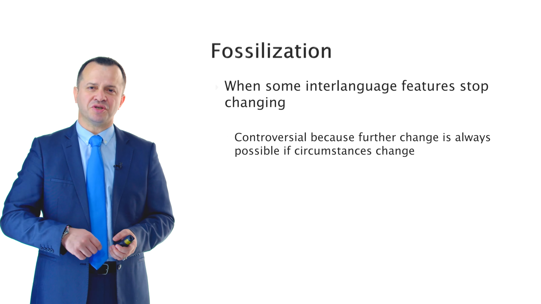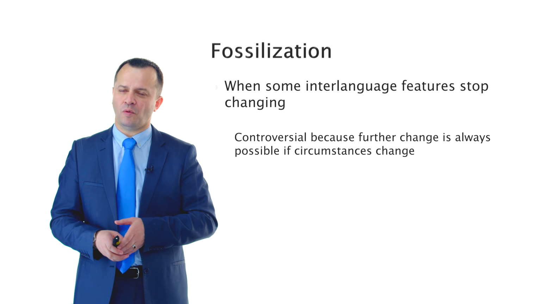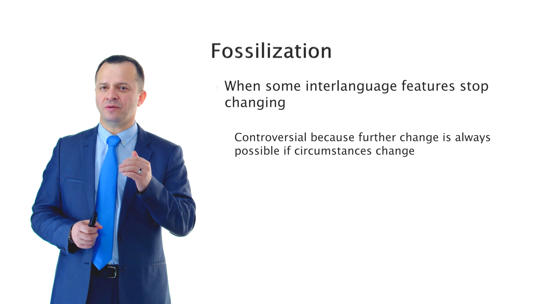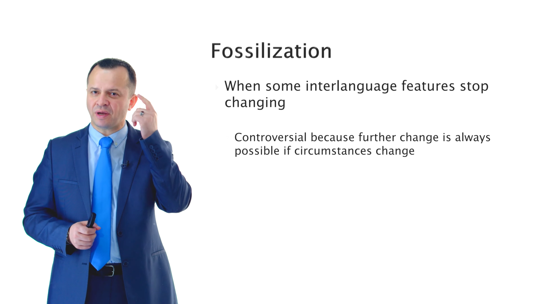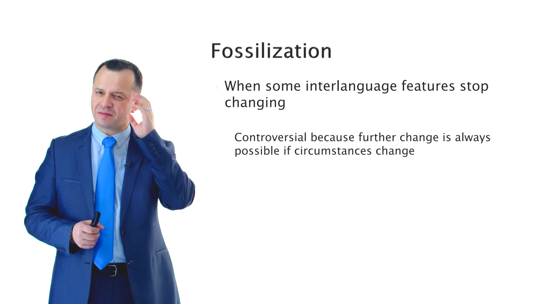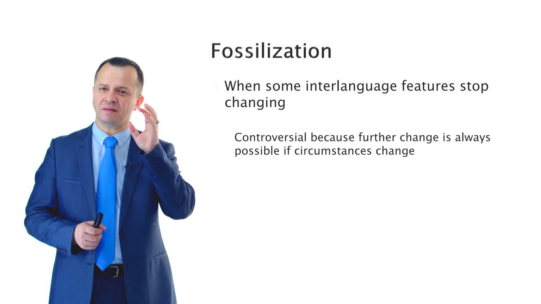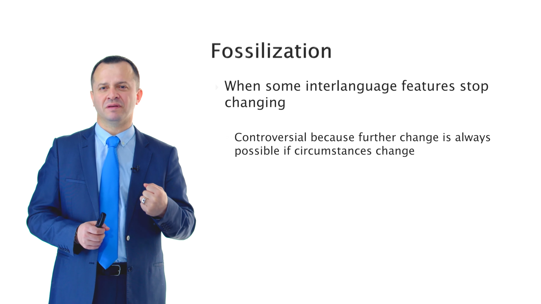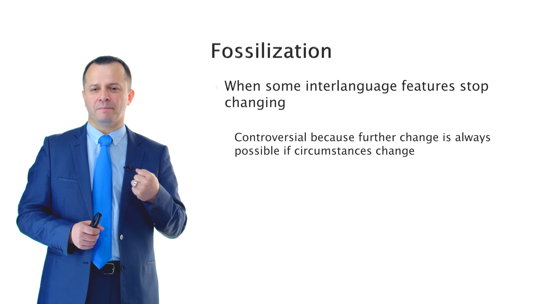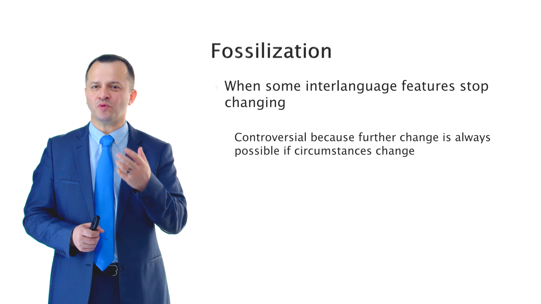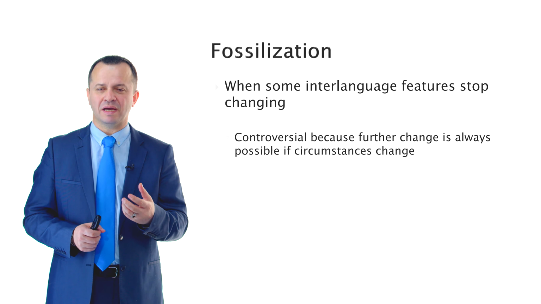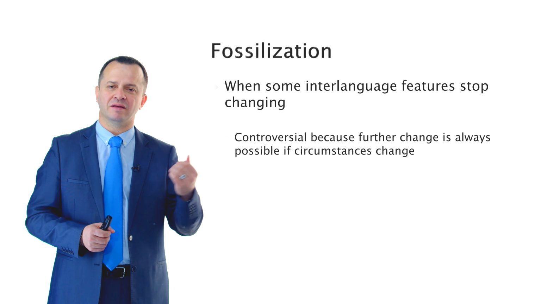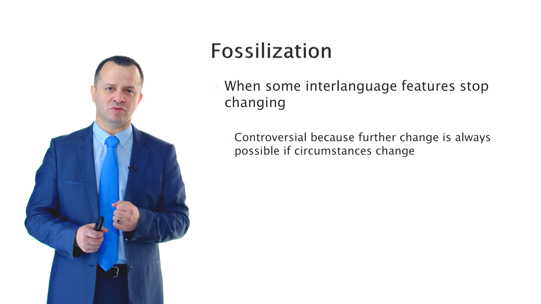Fossilization means that foreign language learners generate grammatical rules thinking that they are completely correct in that foreign language. They make a lot of grammar rules on their own, assuming they are correctly following the grammatical rules of the foreign language.